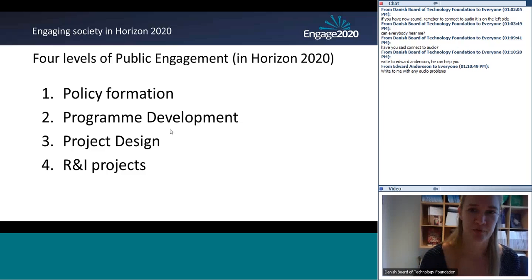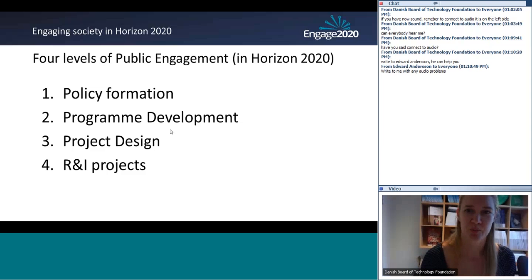We also focus on program development. Where can you support public engagement in program development? This is in formulating the research agendas, for example, deciding what kind of programs there should be for research and innovation. Then we look at the level of project design or project development.